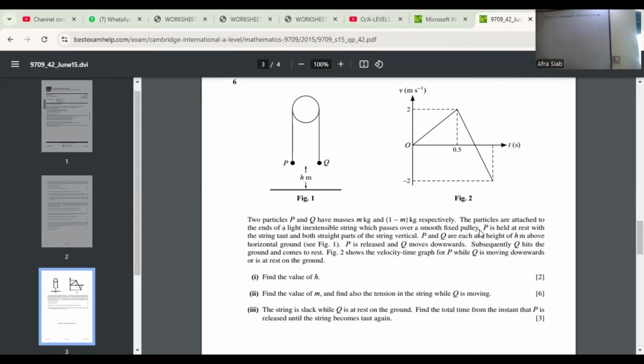Third, the string is slack now while Q is at rest on the ground. Find the total time taken for this particle P from release until the string becomes taut again there. So this is the complete question of question number 6 of this paper.